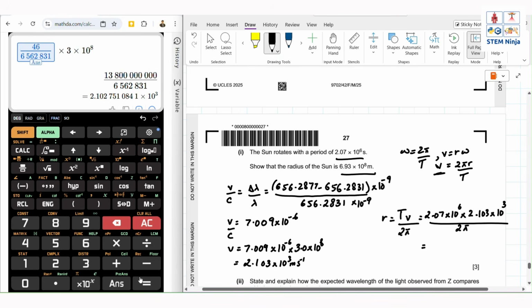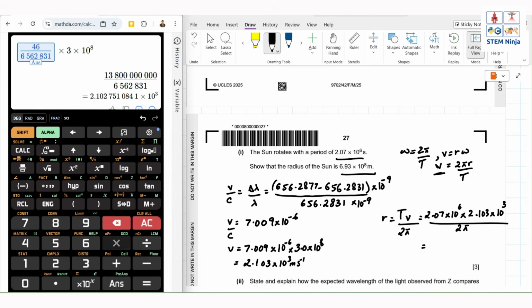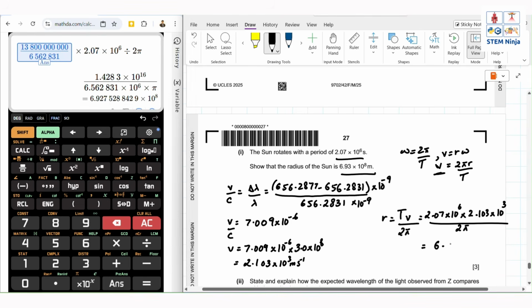Okay, so this times 2.07 × 10 raised to the power 6 divided by 2 pi, we get this. So 6.93 × 10 raised to power 8 meters.